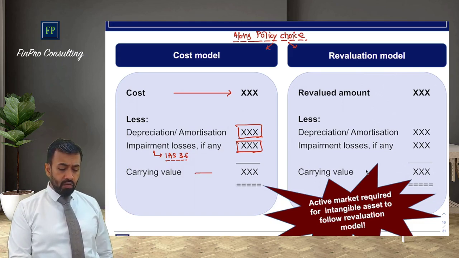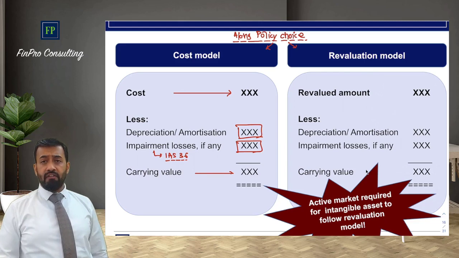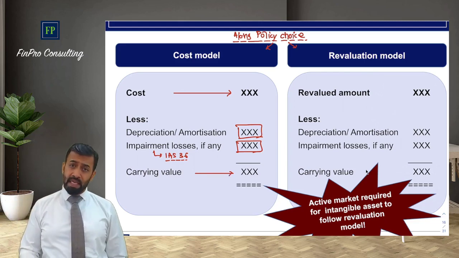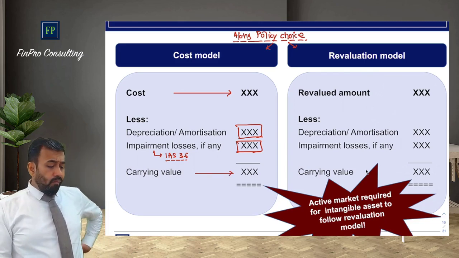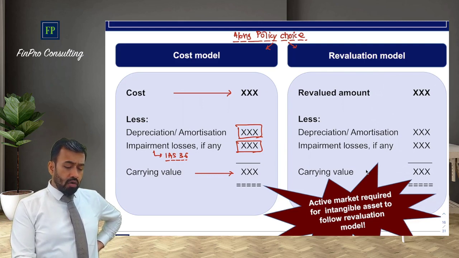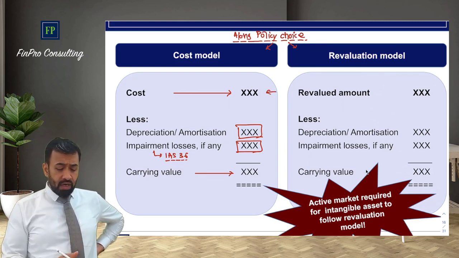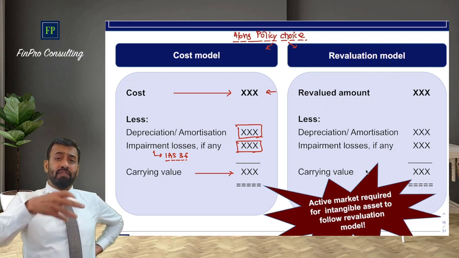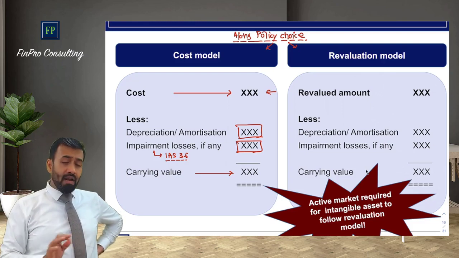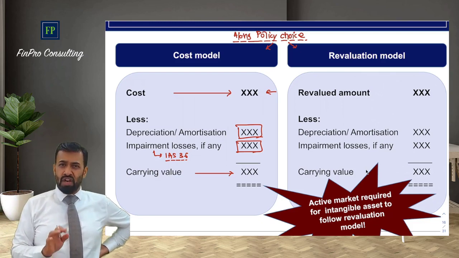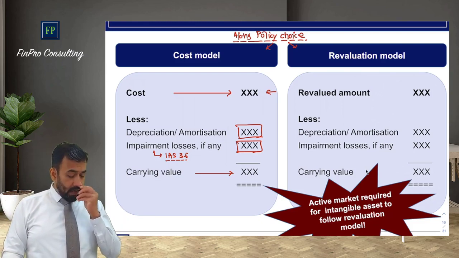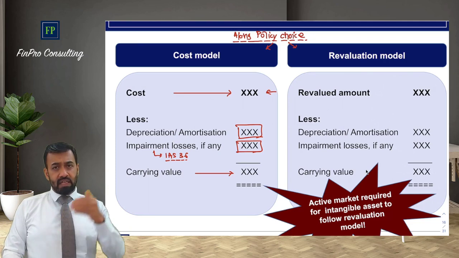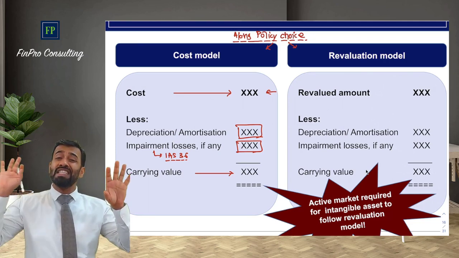be the carrying value. You will find this in your financial statements in the SOFP, correct? So you have a gross block or cost block, we call it a gross block. Then there is the accumulated depreciation block. Impairment is a part of that accumulated depreciation block. And last is the net block, as we generally call it. That reconciliation for all the types of asset is required to be presented as a part of disclosures.